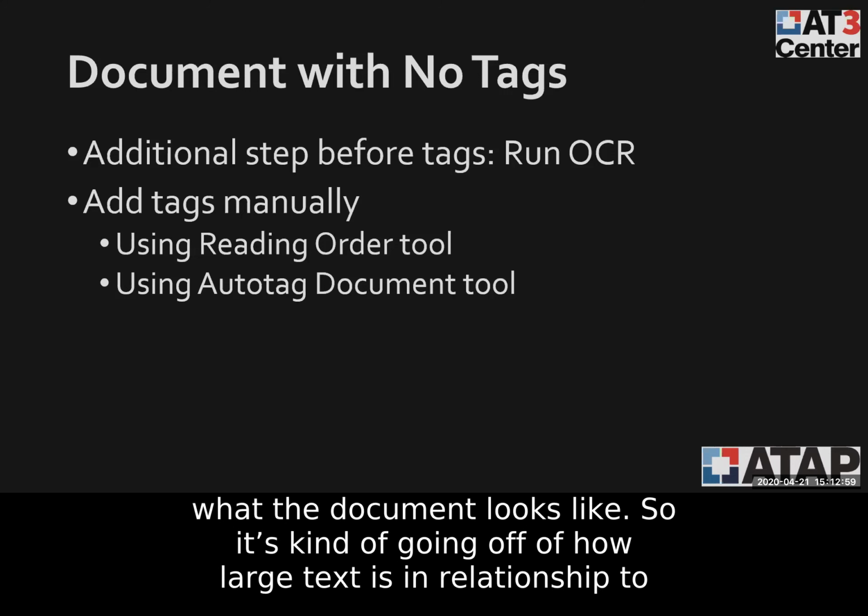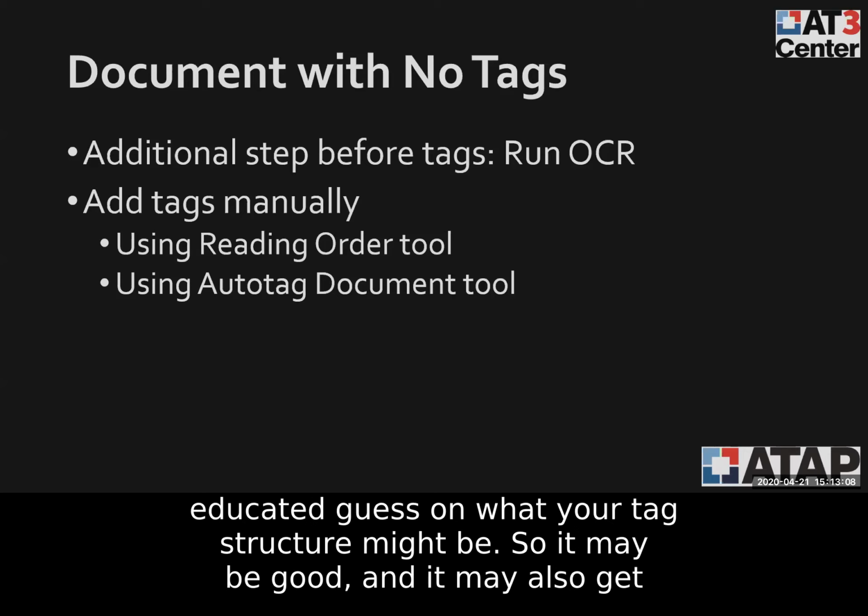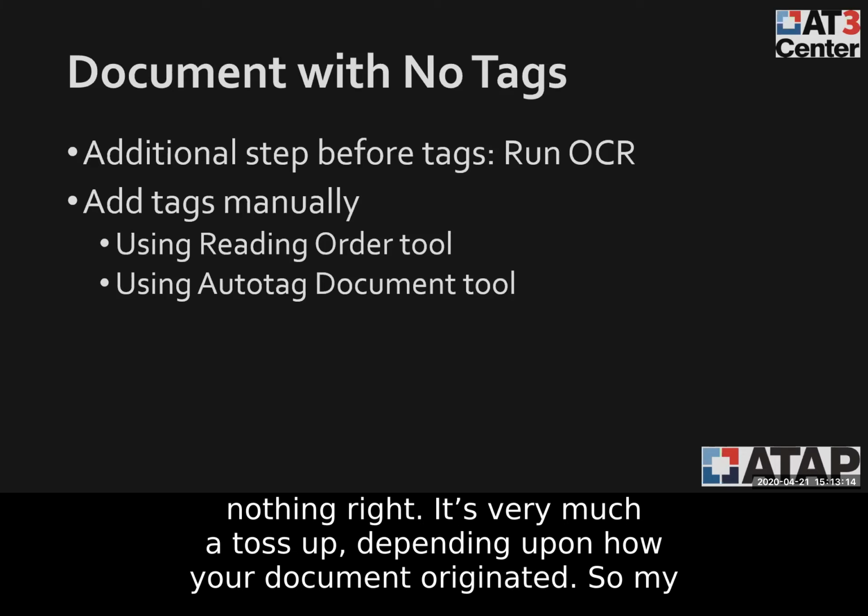So it's kind of going off of how large text is in relationship to other text, if there are bullets and things like that. So it's really just making an educated guess on what your tag structure might be. So it may be good, and it may also get nothing right. It's very much a toss-up depending upon how your document originated.